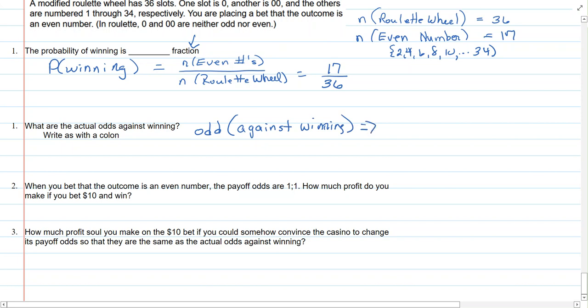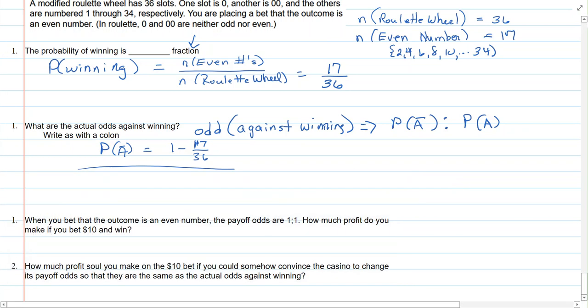That means we want the probability of not A to the probability of A. The probability of not A is going to be 1 minus 17 over 36, and the probability of A is 17 over 36.